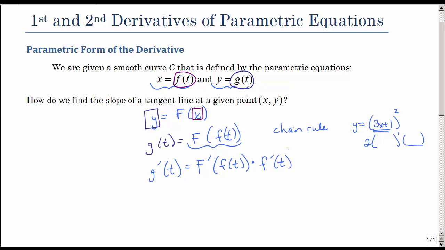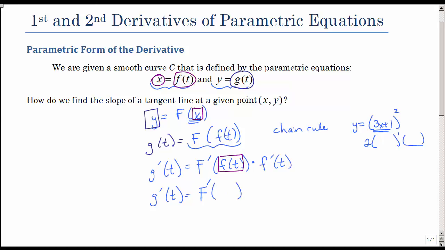Okay, so that looks really ugly. Let's see. What was f of t? Wasn't that x? So we have the derivative of g with respect to t. We have our capital F. Now remember, our capital F is a function of x.